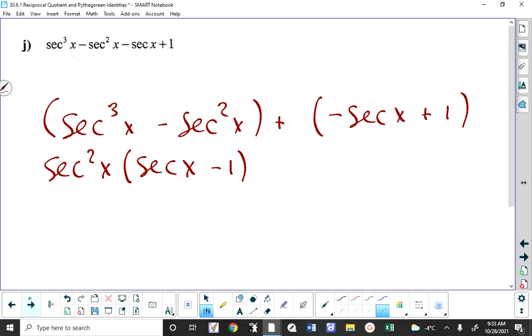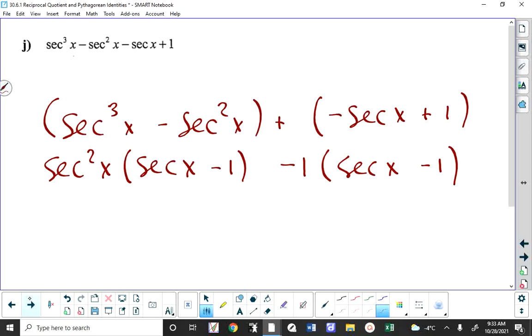And then, if grouping works, and it doesn't always work, but it will here, you factor out of the second pair whatever is necessary to be left with what you were left with when you factored the first pair. And I can factor out a negative 1 and be left with secant of x minus 1.